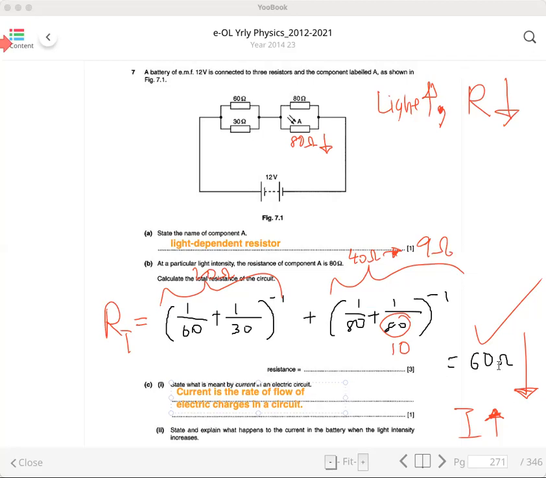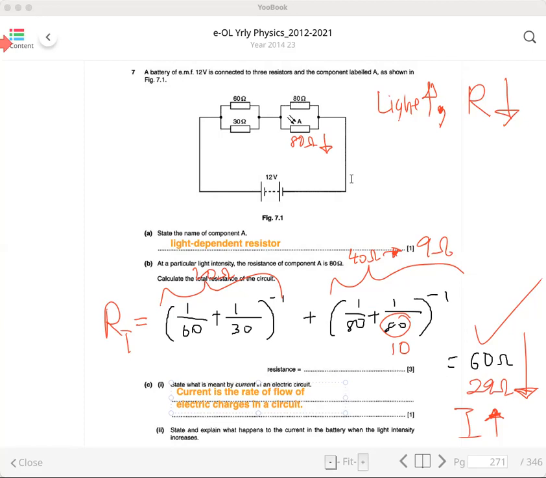Okay, so this 60 ohm will drop to 29 ohm. So when your resistance will drop by almost half, less resistance, more current will flow through. Clear so far?